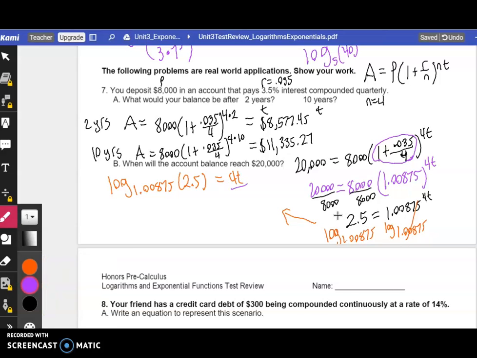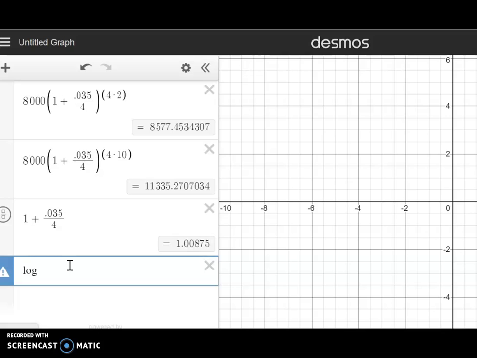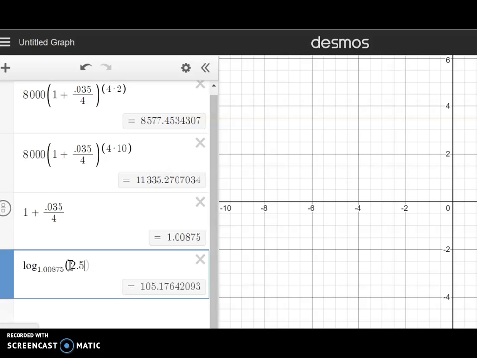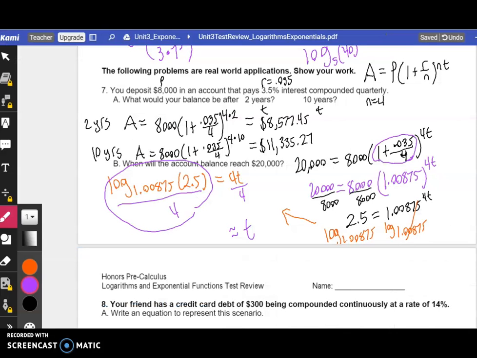So last step is I need to divide both sides by 4. And so this is what I'm going to type into Desmos to get my final answer. So log base 1.00875 of 2.5 divided by 4, and that's 26.3 years. All right, so that's number 7.